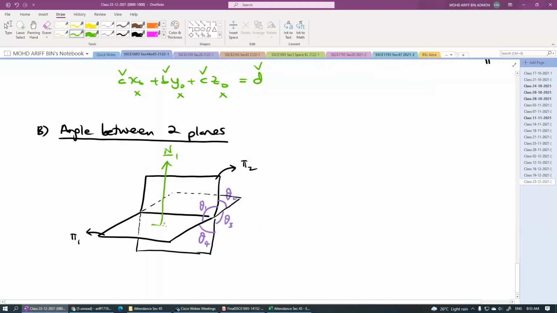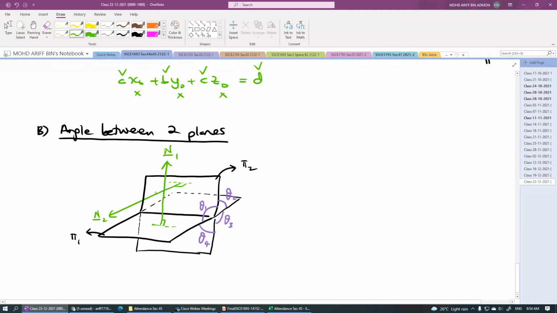This vector is perpendicular to our plane pi 1 and this vector, a little bit somewhere here, N2, is perpendicular to our plane pi 2. So we have these two planes and also two perpendicular vectors to both planes. Let's say N1 and also N2.